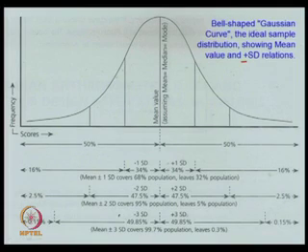From the mean value, if we have one SD minus and one SD plus, then it is 34 plus 34, so 68% of the population will lie within this range, and the rest can be seen accordingly in this chart.